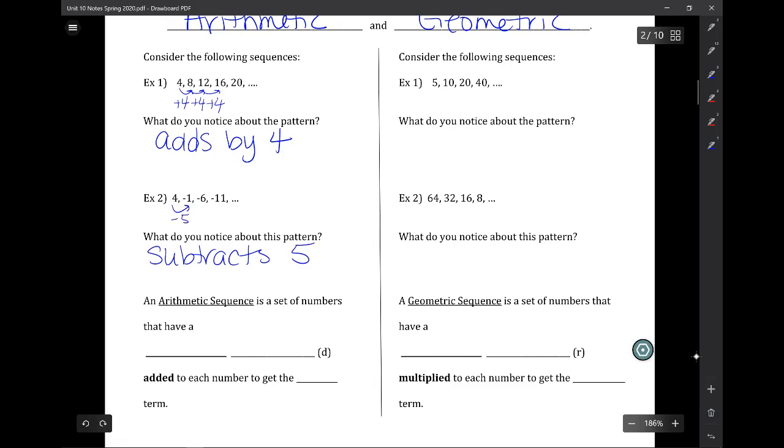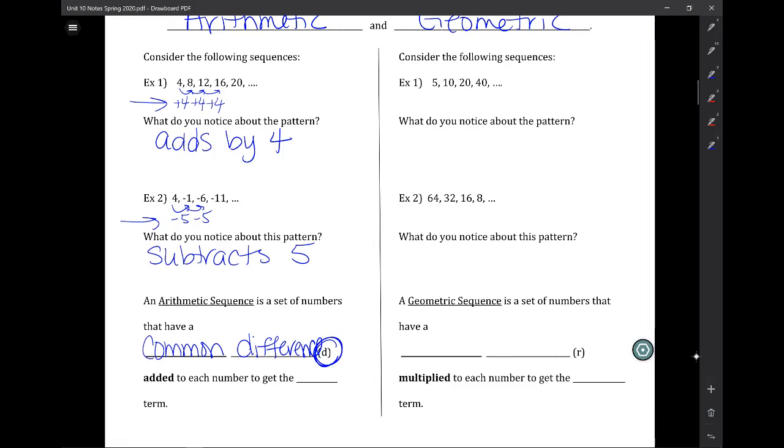Those two numbers, the value that I am either adding every single time or subtracting every single time, is what we are going to call the common difference. We are going to use the letter D to represent the common difference, and it could be whatever we add or subtract.